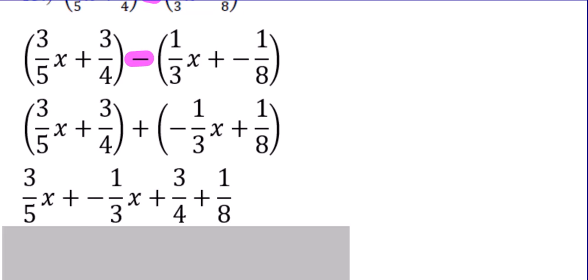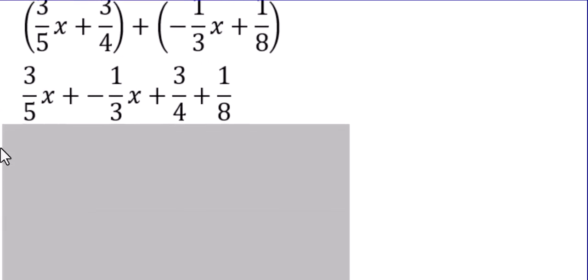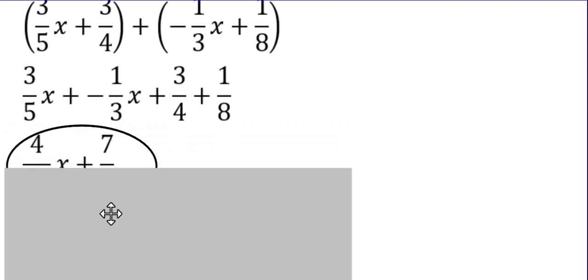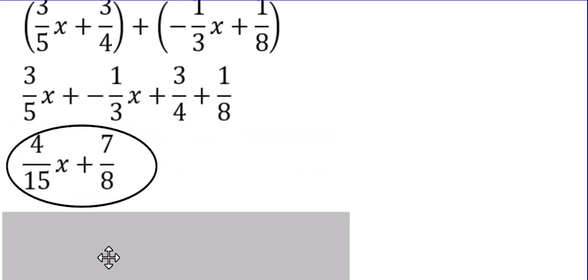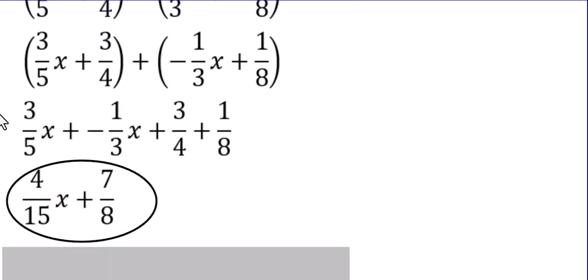When we combine those, that is going to get us 4/15 x plus 7/8. That 7/8 we get by doing 3/4 plus 1/8. That one's a little trickier and definitely helpful to have our calculators handy so it gets those common denominators and everything like that for us.